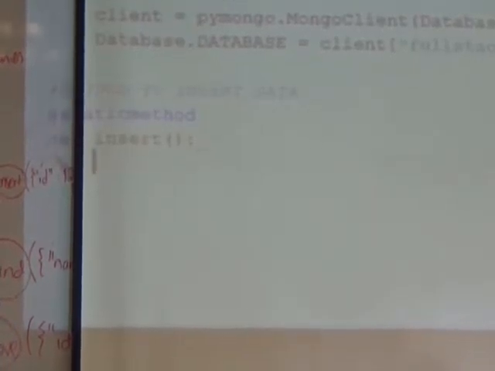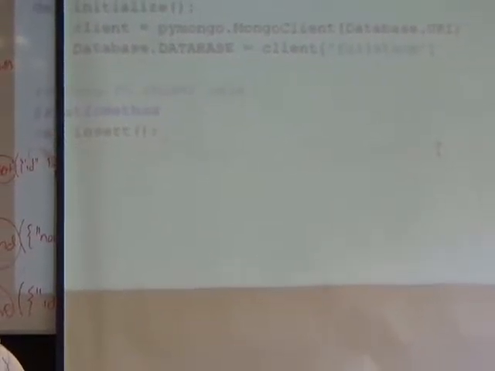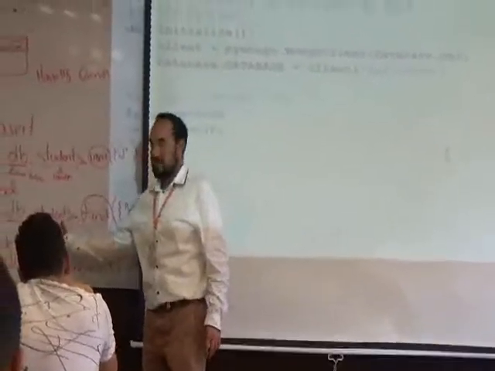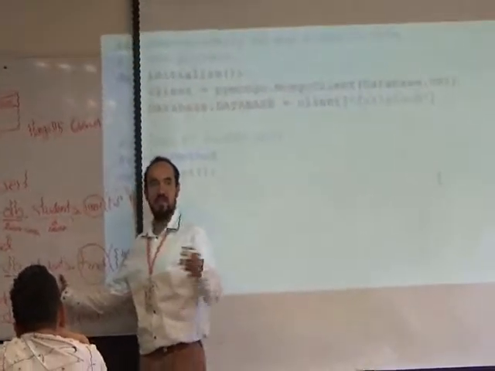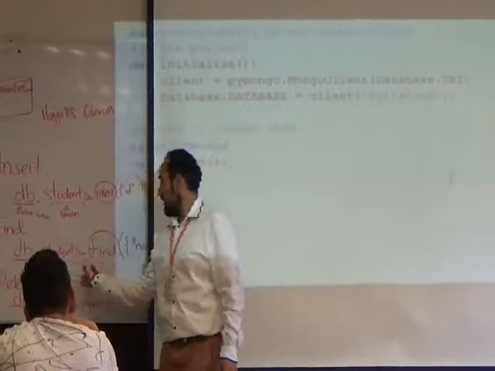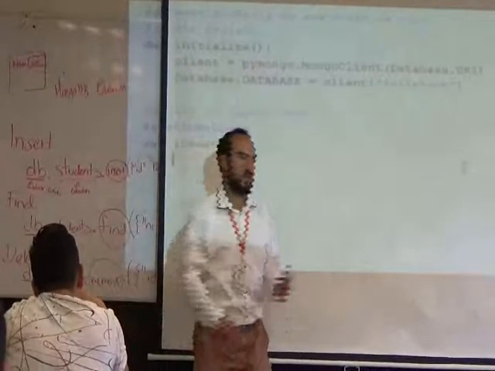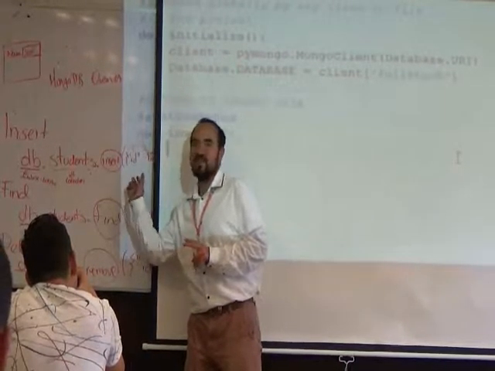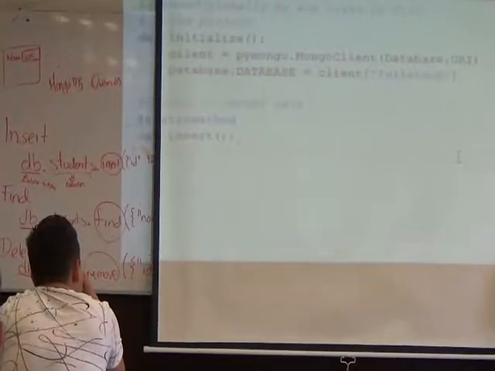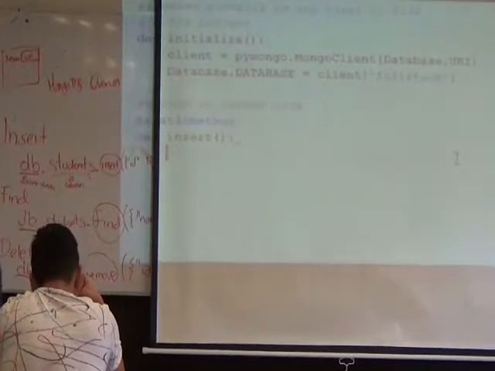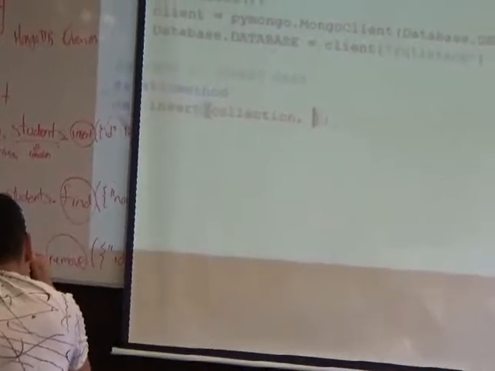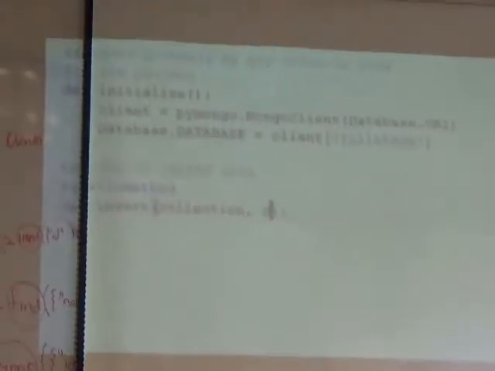And I will use two parameters. Okay? I need two parameters in this case. It will be the collection, because this can change. It can be students, plants, cars, whatever. And I will need the specific query. So I need the collection, and I need the data that is going to be inserted. Alright? So I will use two parameters, and those parameters will be the collection and the data we're going to insert.